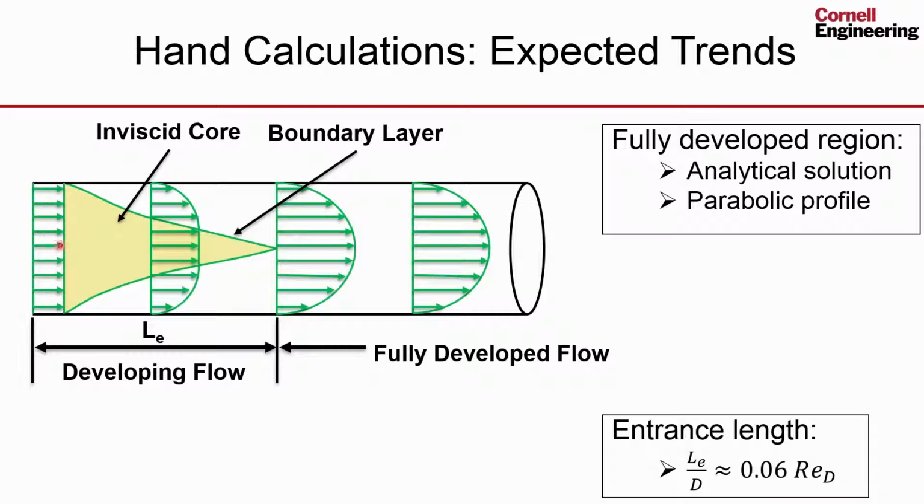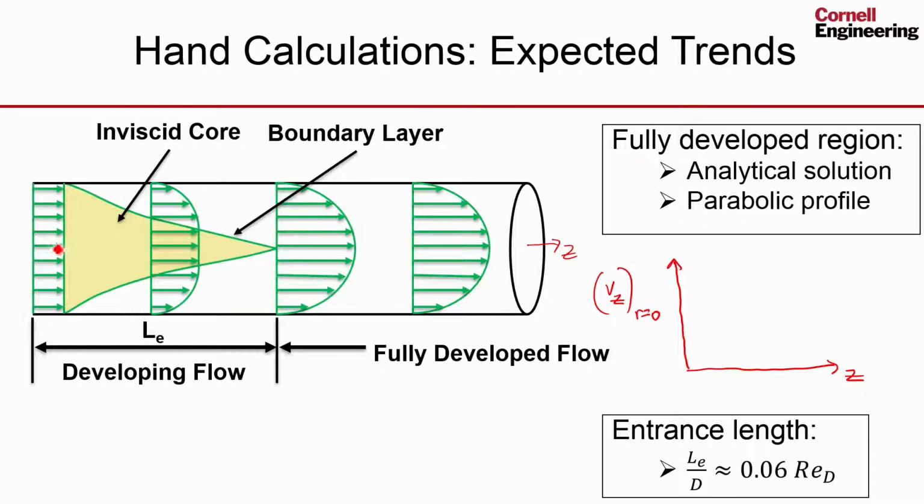And from this graphic, we can also predict what the trend of the velocity at the axis, or the centerline velocity, has to be. So let me sketch that in. As I'm moving along in the axial direction, so that's my z coordinate, and I'm looking at the axial velocity at the center line, so that's at r equal to 0.